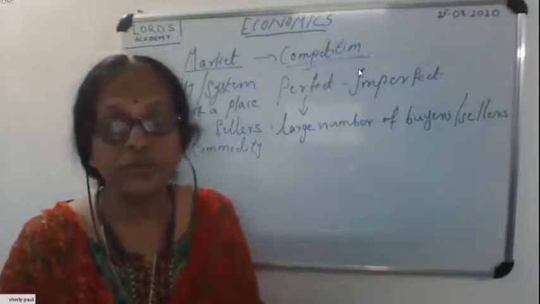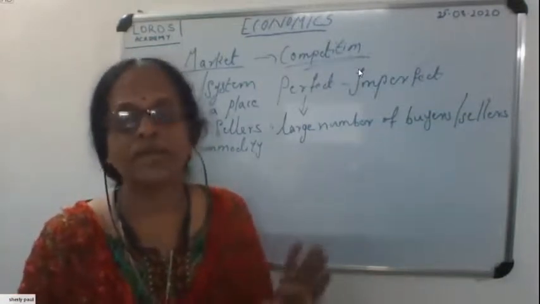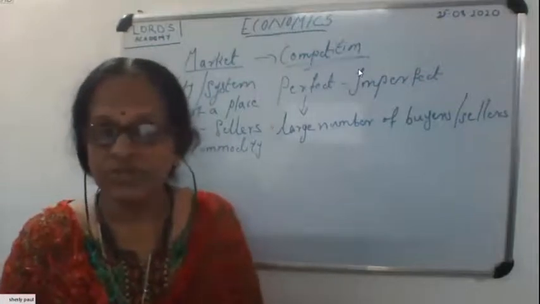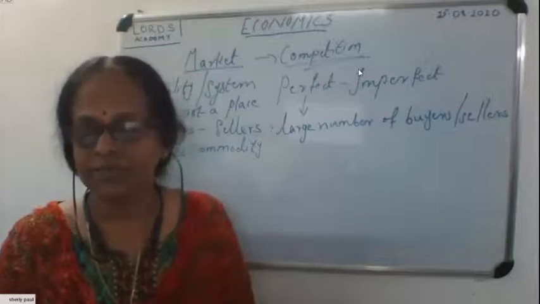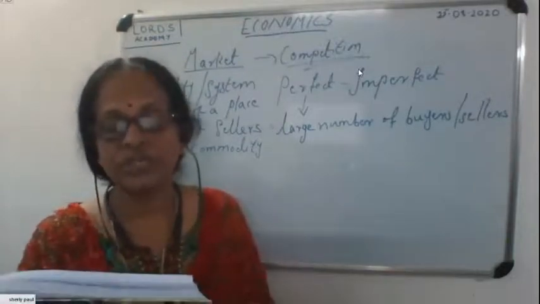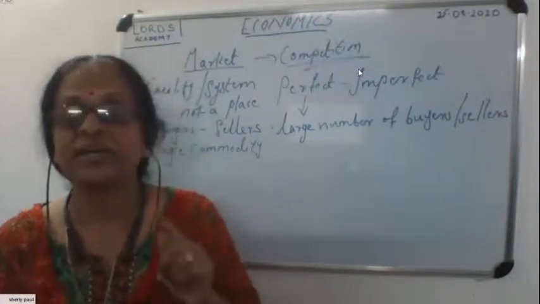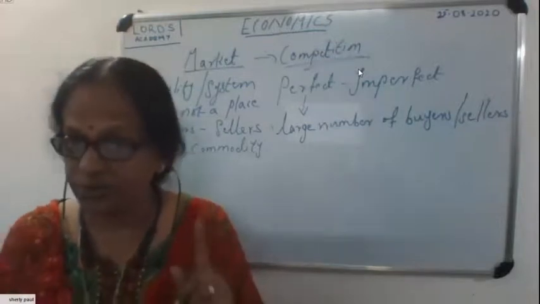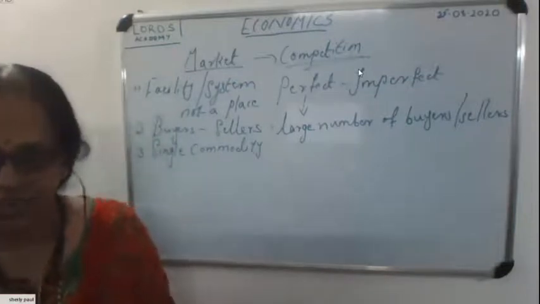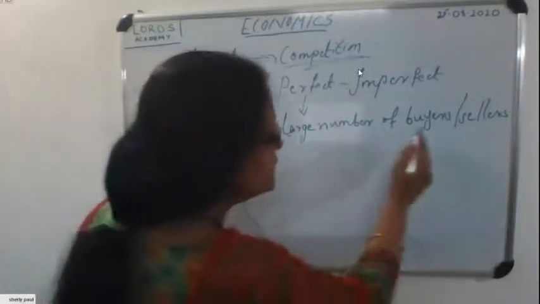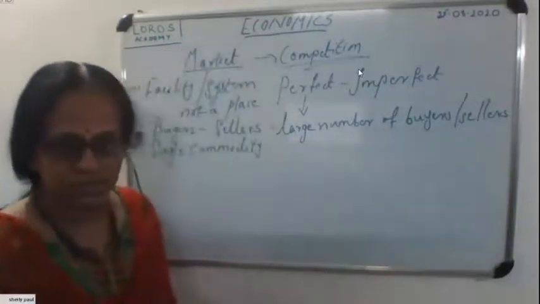So a single firm's decision has no impact on market price. Each individual firm must accept the market price. So each individual firm is assumed to be a price taker. This word, price maker and price taker, I used.